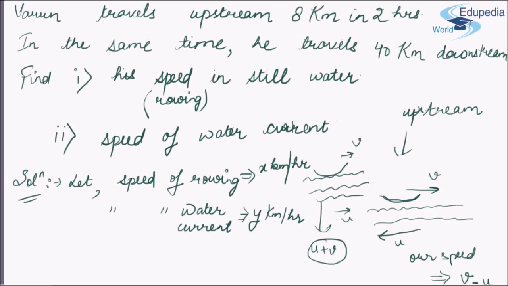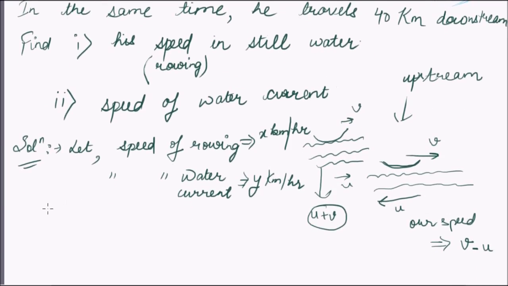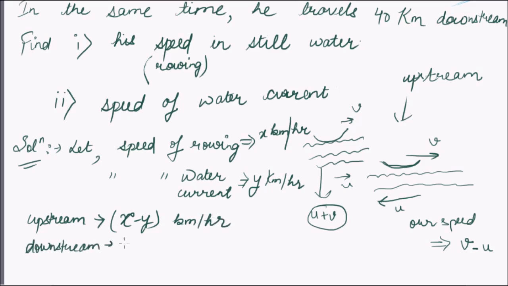Thus, if upstream 8 km in 2 hours is travelled by Varun, then the speed upstream will be x minus y kilometer per hour, and downstream will be x plus y kilometer per hour.